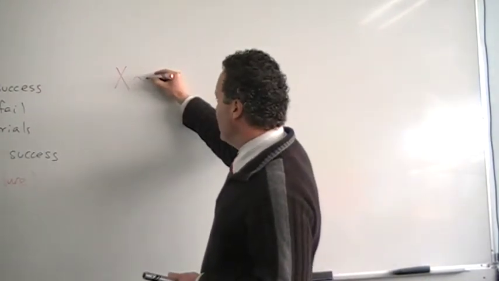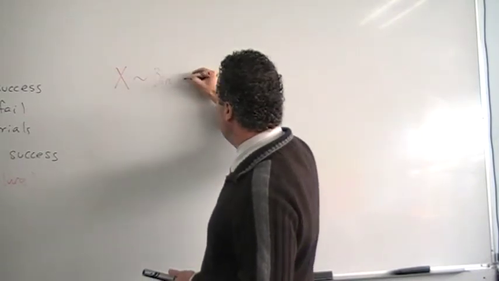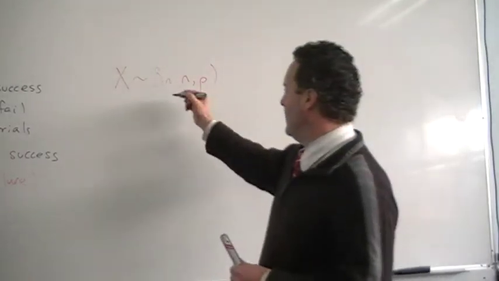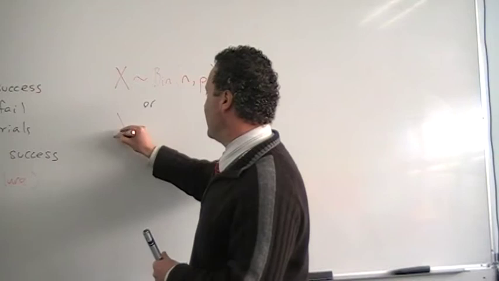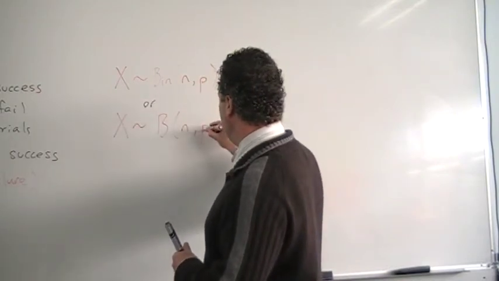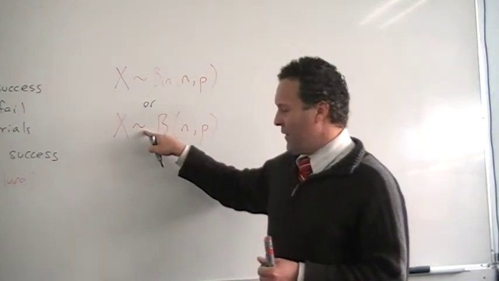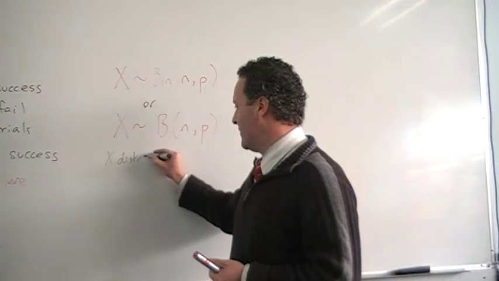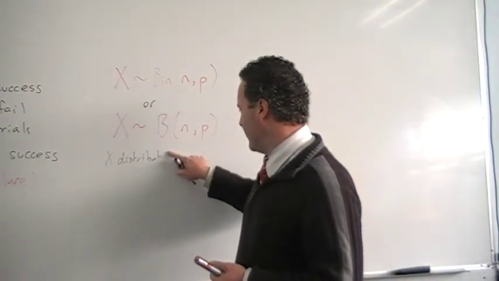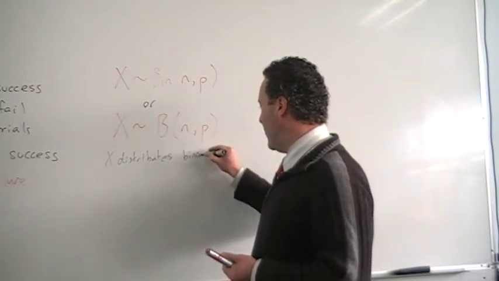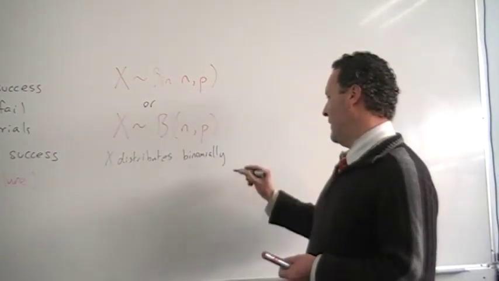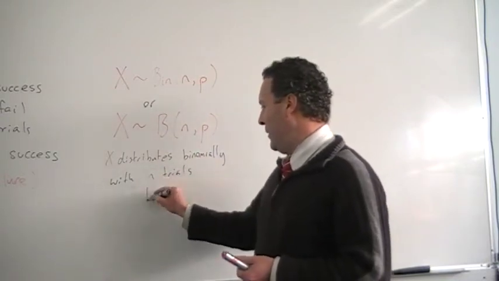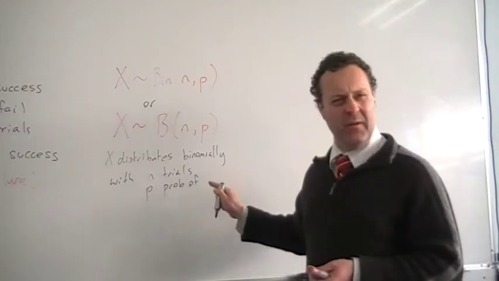So I use a capital letter and a little squiggle and write B-I-N bracket N, P. Or I write it as capital X, squiggle, B, N, comma P. This little squiggle is instead of writing the word distributes, so this reads as X distributes binomially, the B or the bin, with N trials and P probability of, what's P the probability of again?